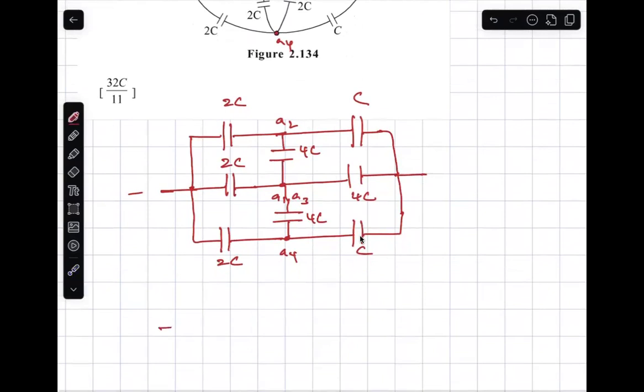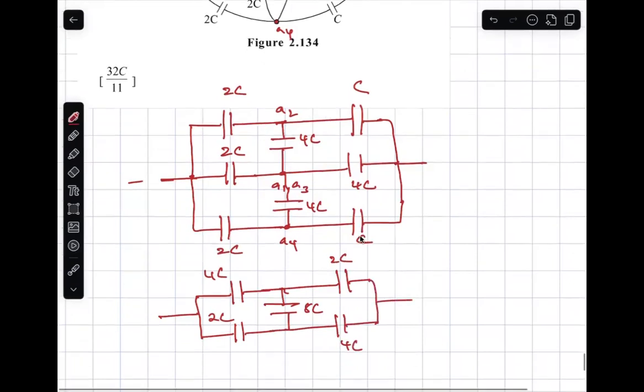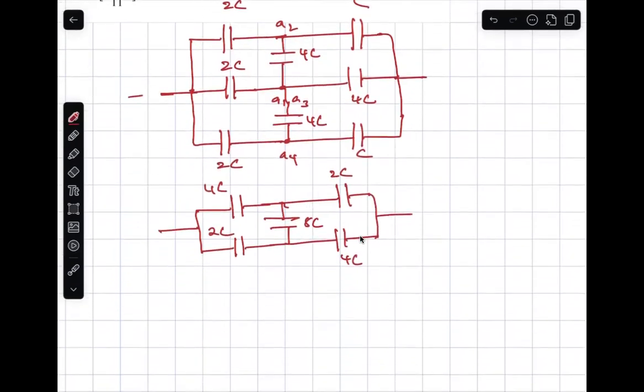Now this will become 4C, 2C, 8C, 8C, 2C, 4C. That is the next stage. Got the point? Now, the same old technique which I have applied, you can use.